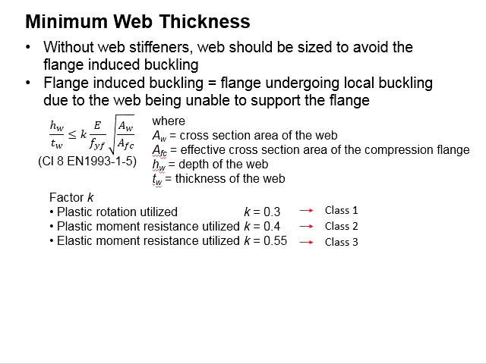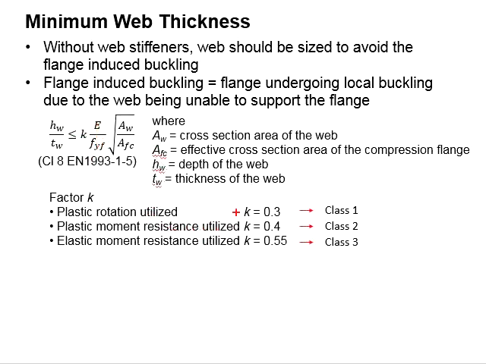To determine the minimum web thickness, we assume that the web stiffeners do not exist, and there is a K factor here.